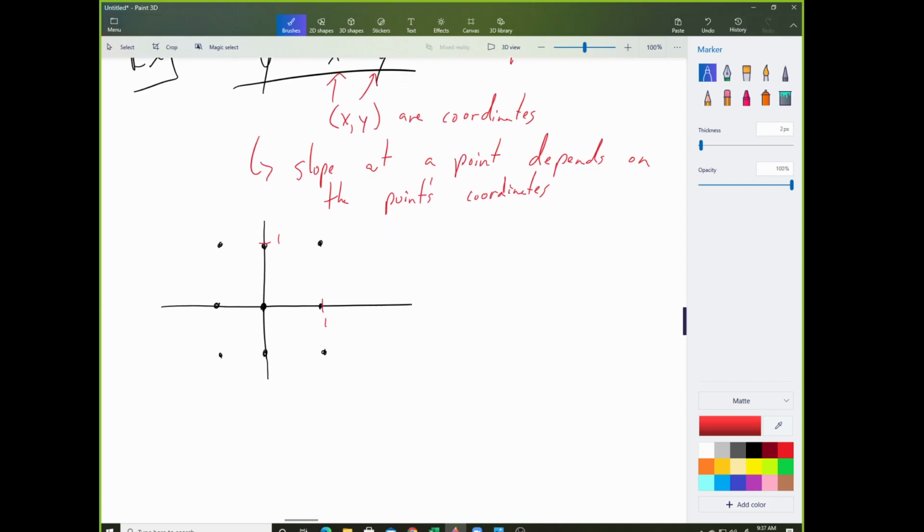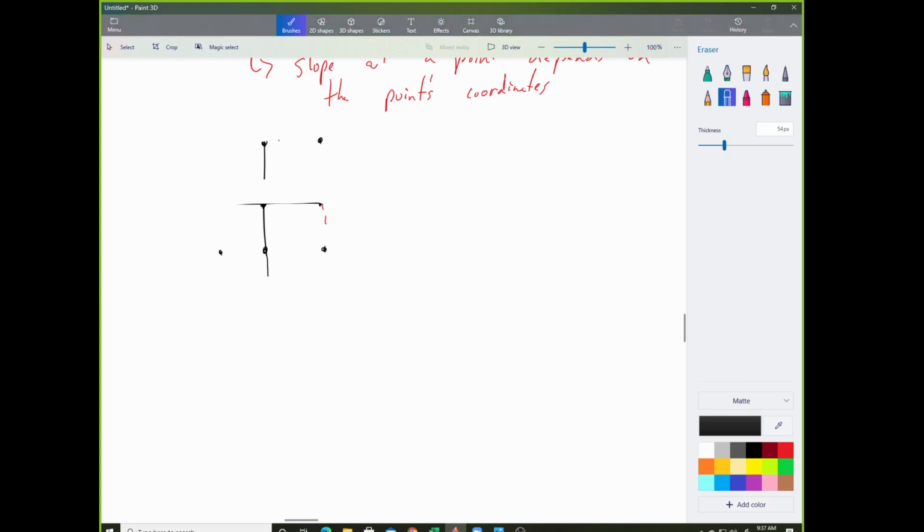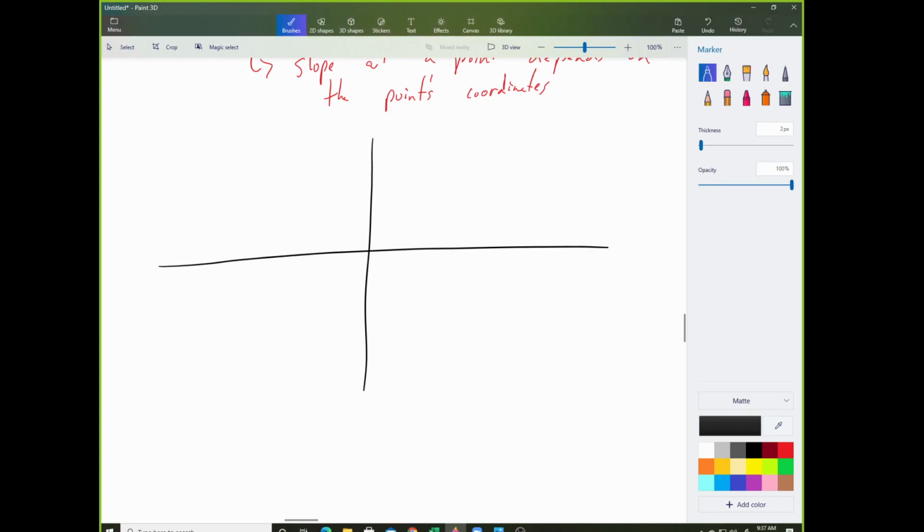Actually, you know what? I'm going to scroll this down here. I'm going to remind myself of the equation. I'm going to make this bigger because I got a lot I'm going to put in here. So in your notes, give yourself some space for what we're about to do.